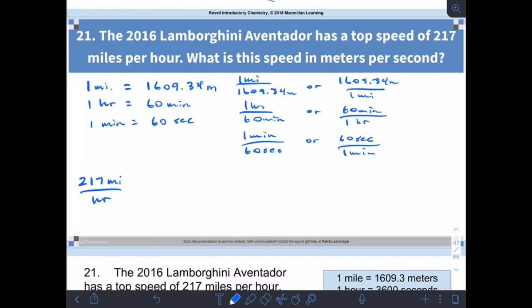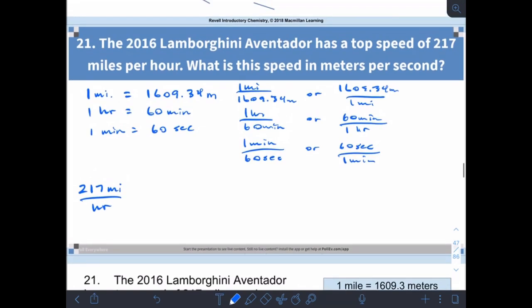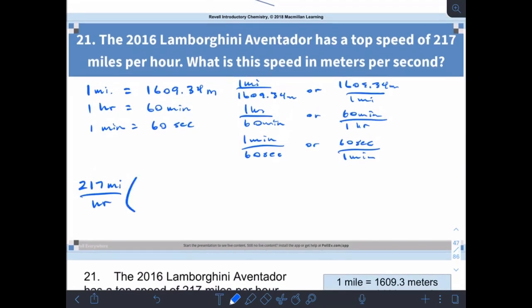Okay, notice that miles are on top of the hours. I can start by converting time if I want to, or I can start by converting miles. I'm going to start with the miles because that's a one-step thing. I can go straight from miles to meters. So I'm going to pick a conversion factor that has miles on the bottom.